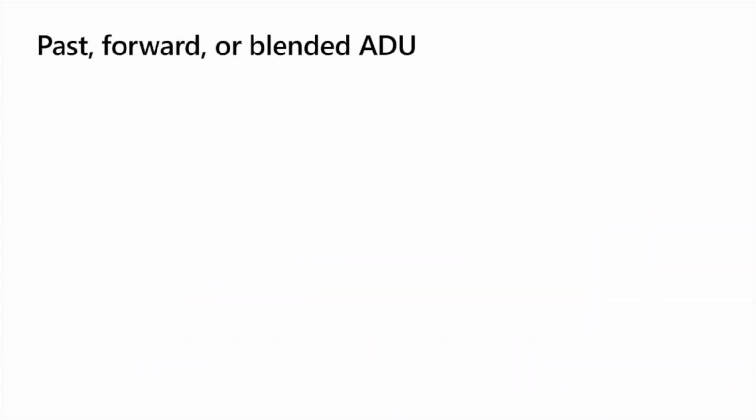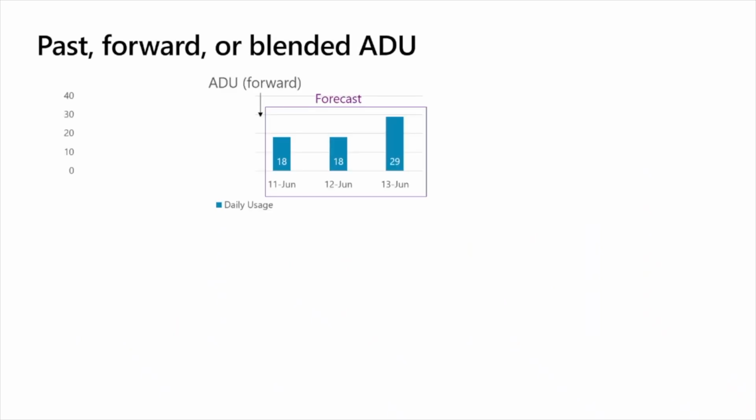Now, let's say it's a new product, so we don't have any usage, any transactions in the past. Then we could use the average daily usage forward. That would look into the future, into the forecasted demand.